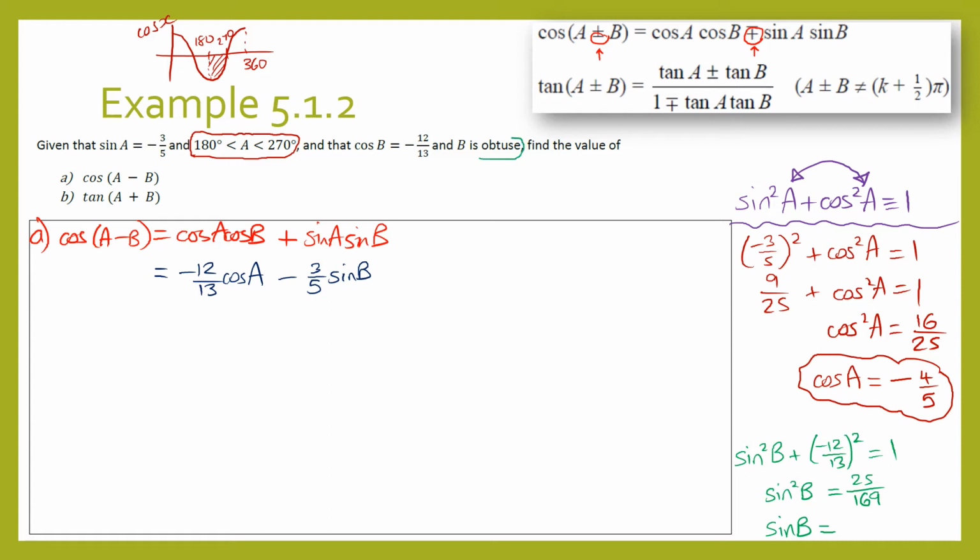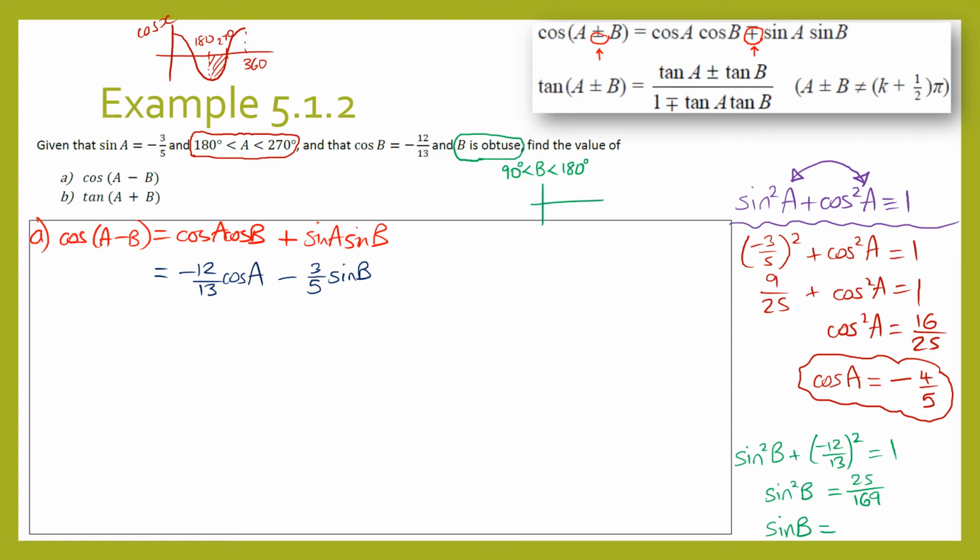Well, similarly to A, we've been told something about B. B is obtuse. So that means B is between 90 degrees and 180 degrees, not inclusive. So sine of B, we want to know, is that positive or negative? It's not going to be both.